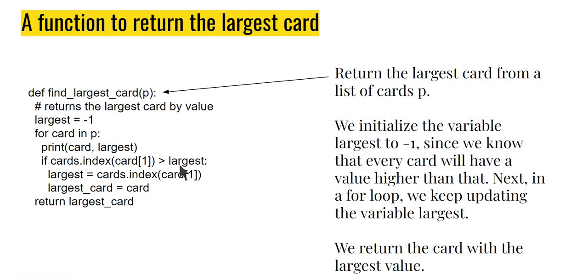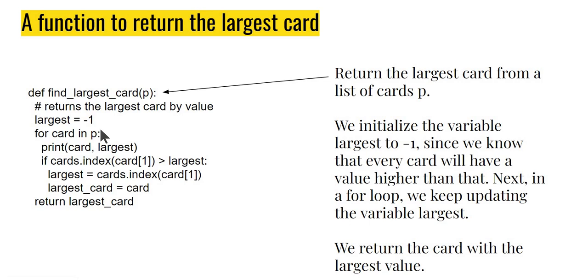And notice the way I'm figuring out the value is just indexing into the list cards and figuring out the first character, or say zeroth and the first character, because remember, zeroth character is the suit, first character is the value. So just like usual, we have done this before many times in this game. So I figure out if this is the largest card, I update this and I return the largest card. Now largest here is the value of the card in terms of the index, and largest card is what we are interested in right now. And that's what is returned, the card.